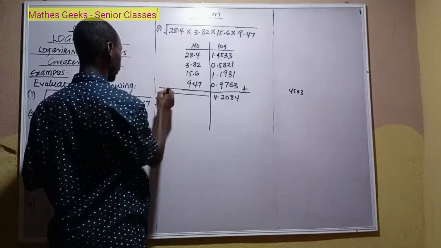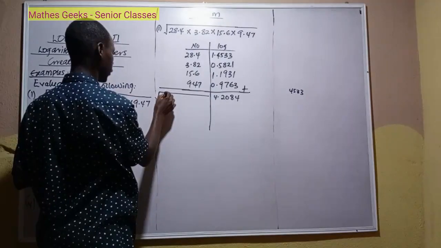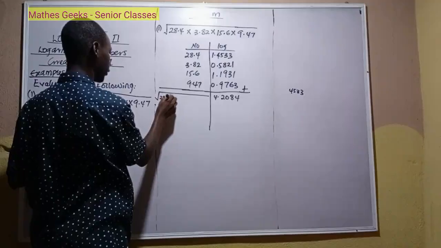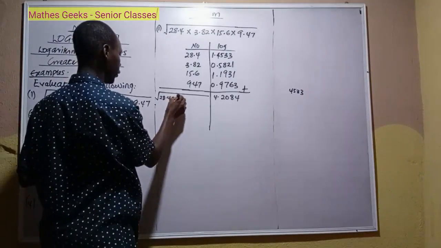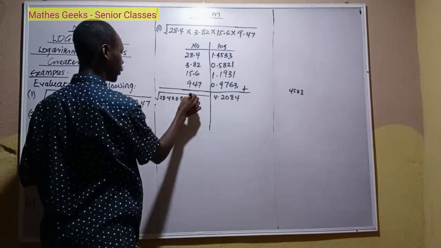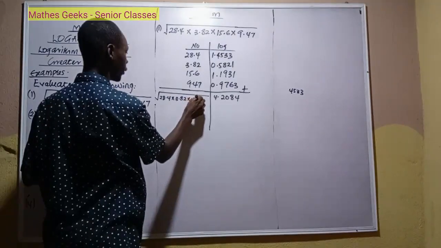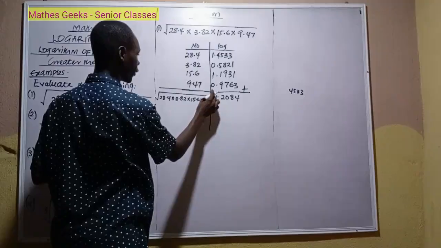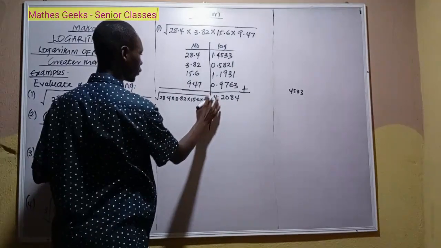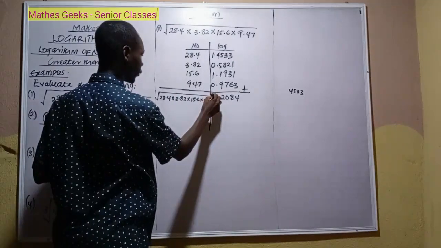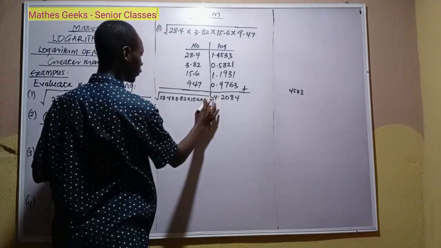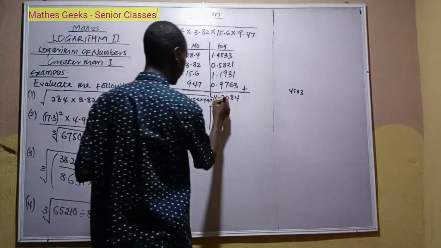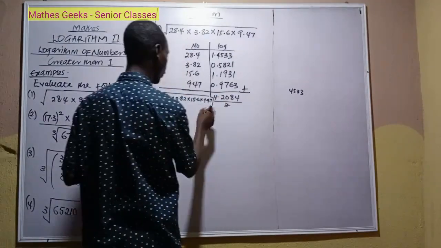So in this part, 28.4 times 0.82 times 15.6 times 9.47, this implies that I'm going to divide it by 2.